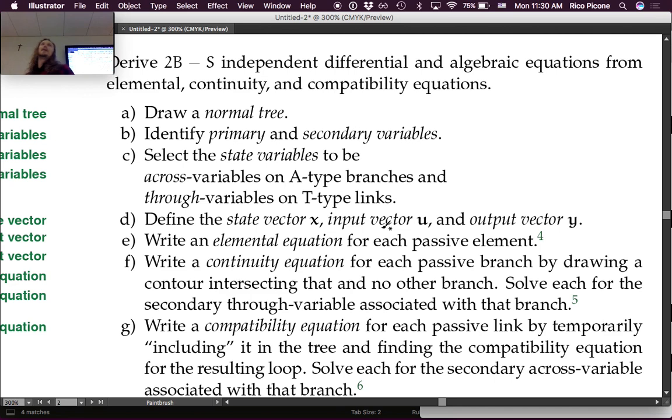Which continuity equations, which compatibility equations. And it will always be the correct ones that you need, and it won't be any extras that you don't need. Unlike when we did KCL and KVL before, it was just like, well, hopefully you don't end up with too many or too few. Do you have all the ones you needed? We'll have exactly the right number. We'll be ready to do the solution. And they'll actually be solved for the variables we can eliminate immediately, which is great.